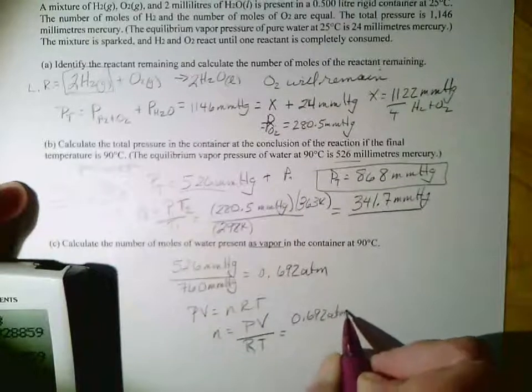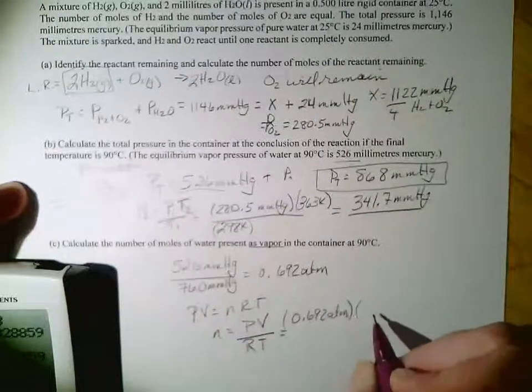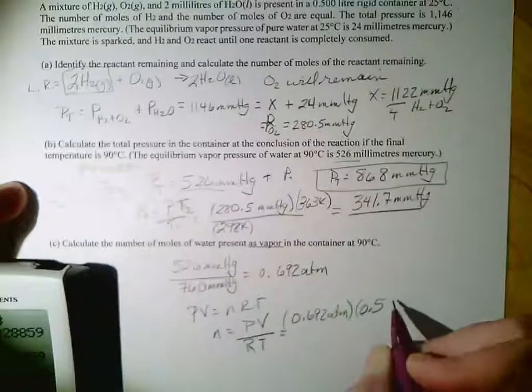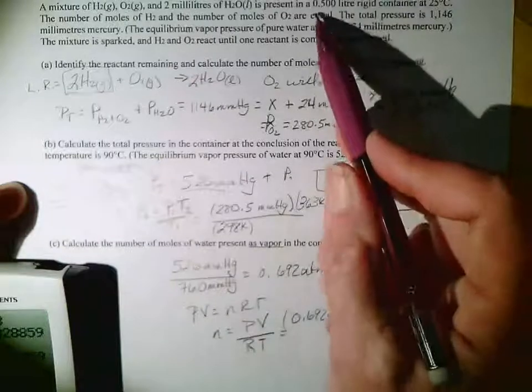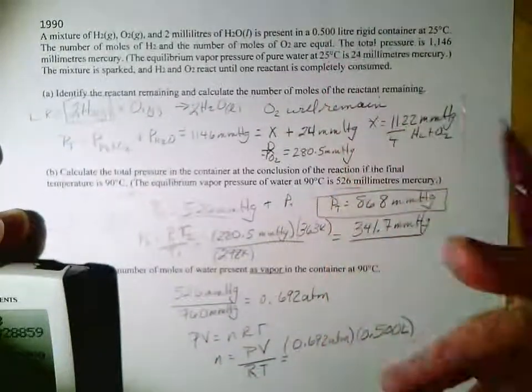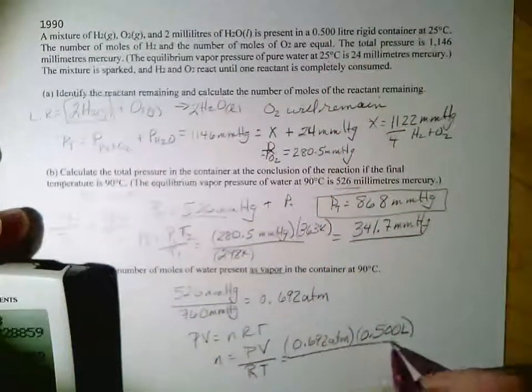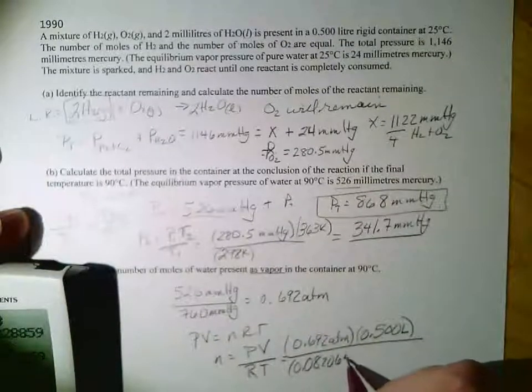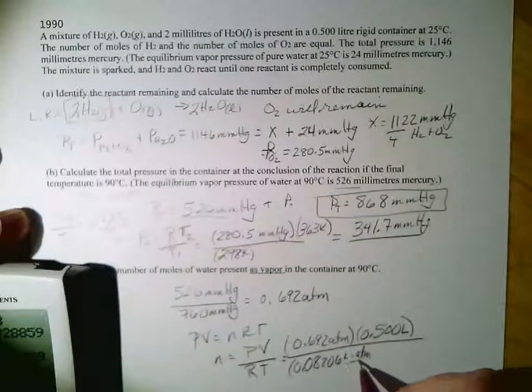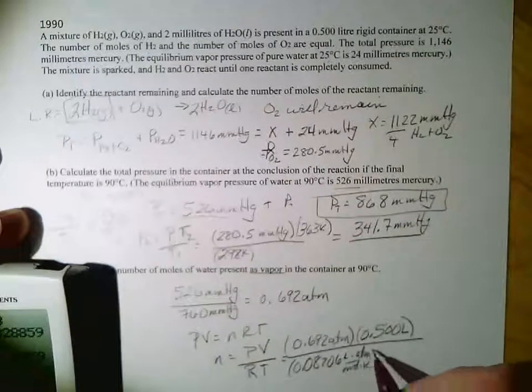So 0.692 atm, and volume is 0.500 liters, and that comes way back from the beginning up here in the problem. And then our R is still 0.08206 liters times atmospheres per mole times Kelvin.